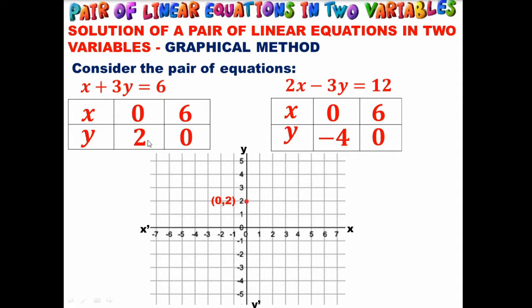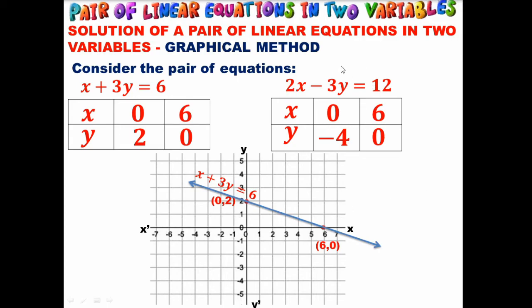So the point is (0, 2), which is here. Alright. And the next point is (6, 0). So it's going to be here. Right. So I have plotted the 2 points for the first equation. So now let me join these 2 points so that I get the straight line of the equation x plus 3y equals 6. So first line I have drawn.